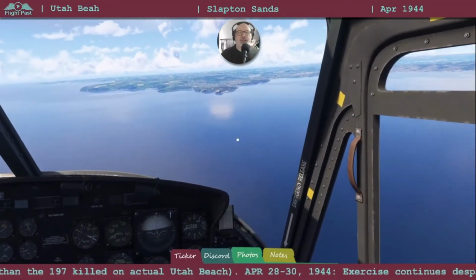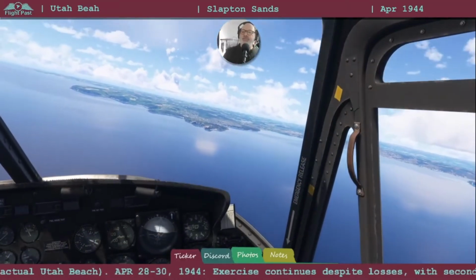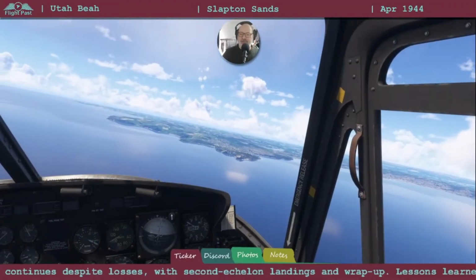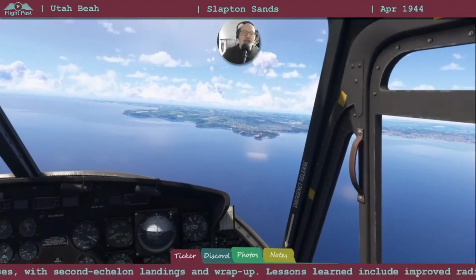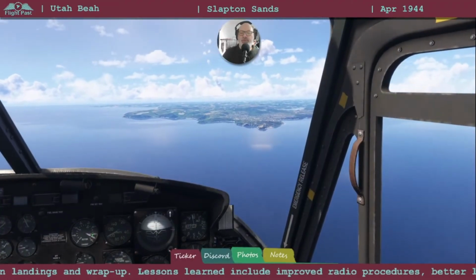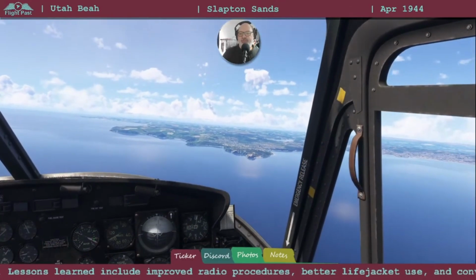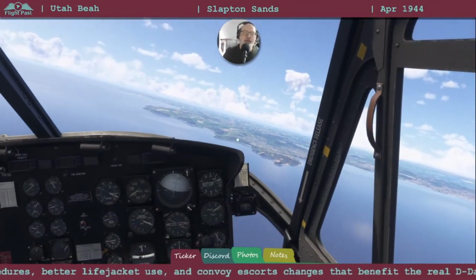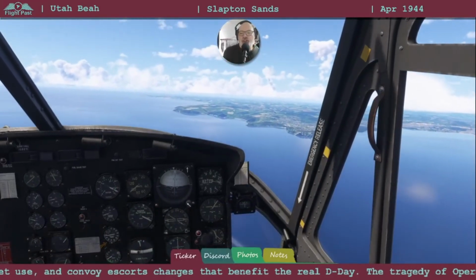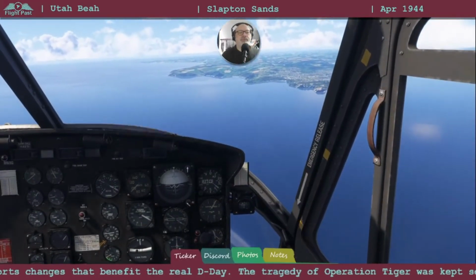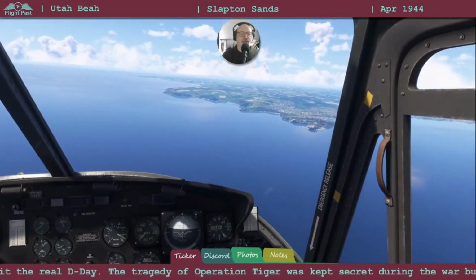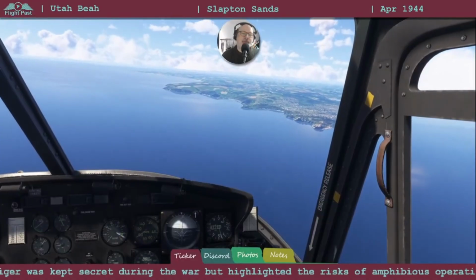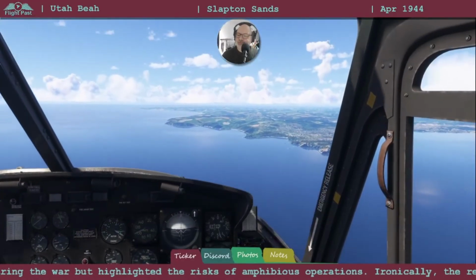As for the LSTs, one of them was LST 289. This was set on fire, but managed to make it back to shore, and in the process it lost 13 US Navy personnel.